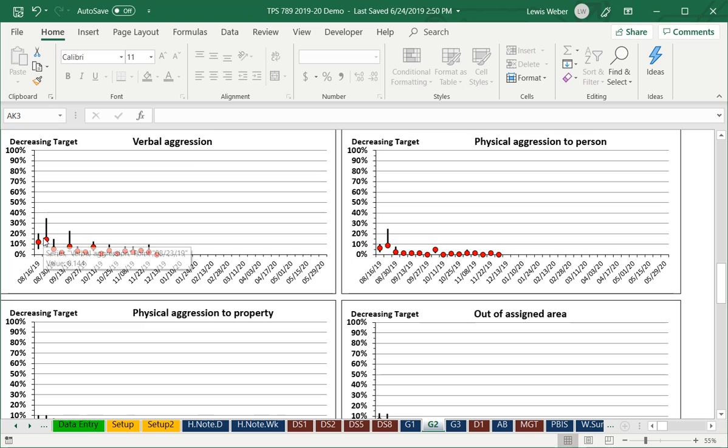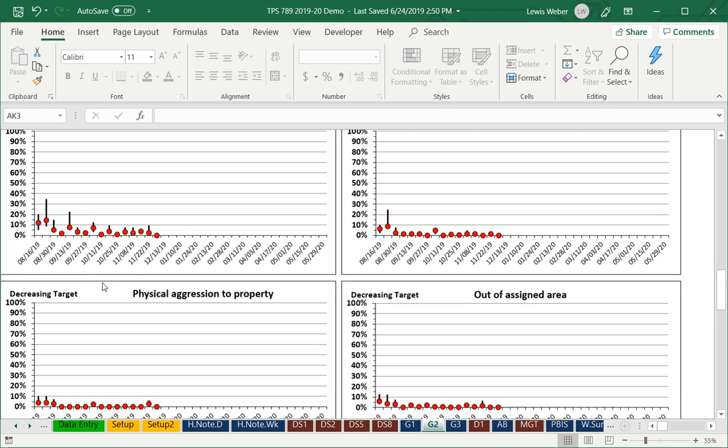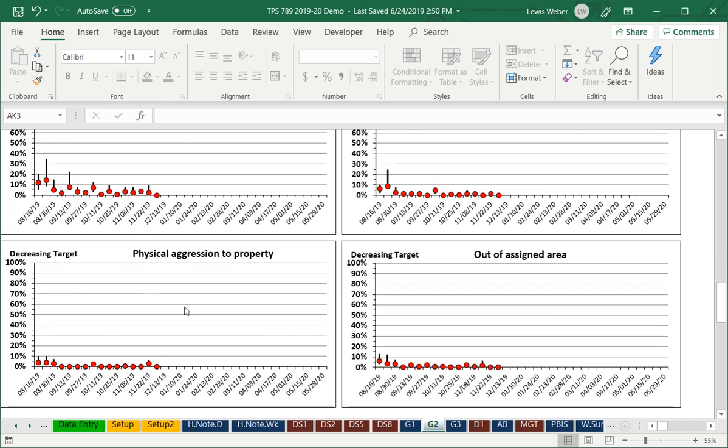We see that overall percentage was 14% for his rating, and we see that his overall intensity was rather low because the dot is close to the bottom of the vertical bar. And physical aggression is pretty low, and we knew that from the G3 numbers and so forth.